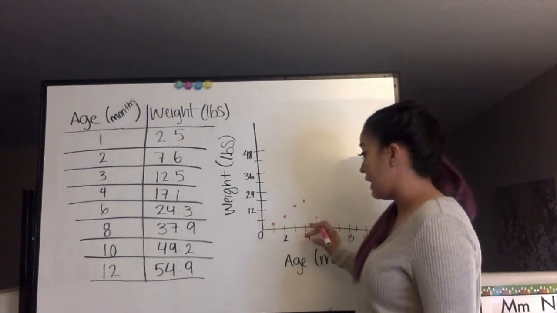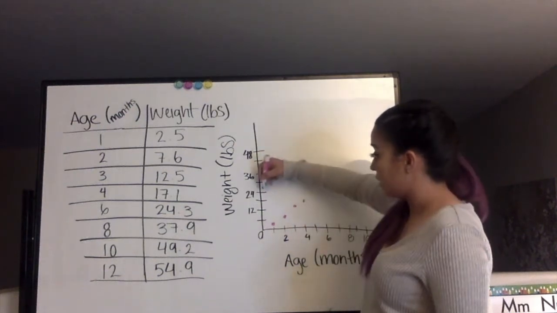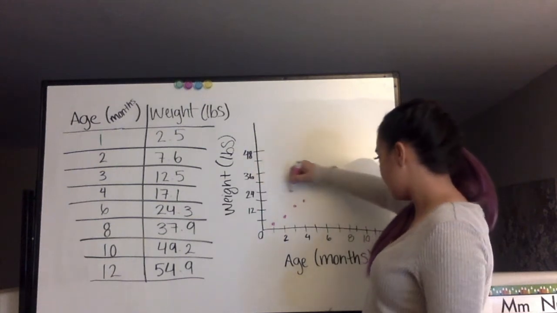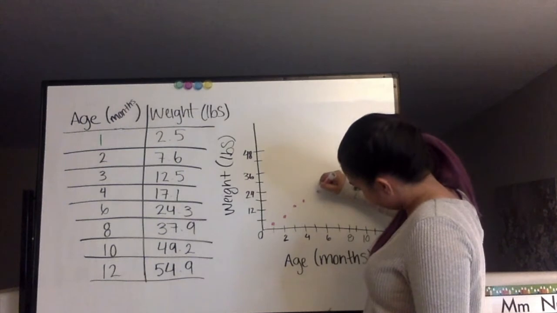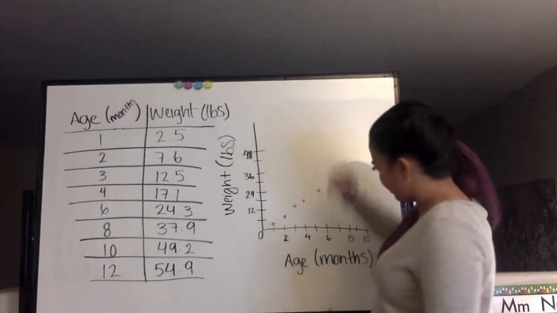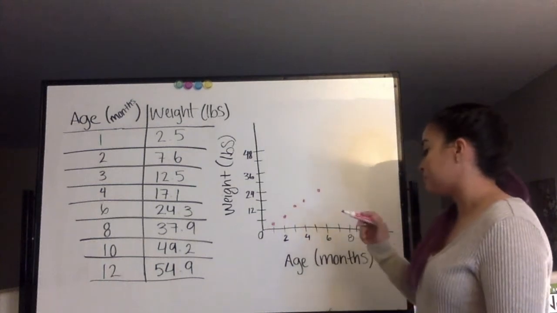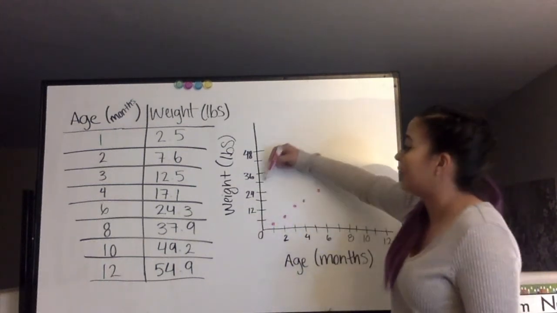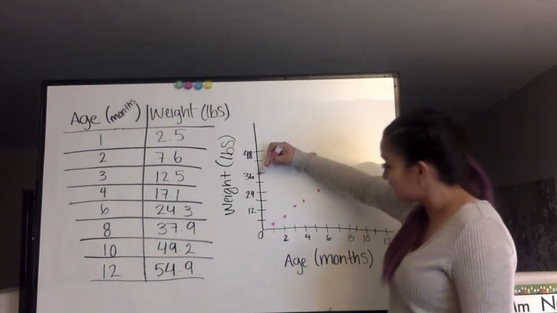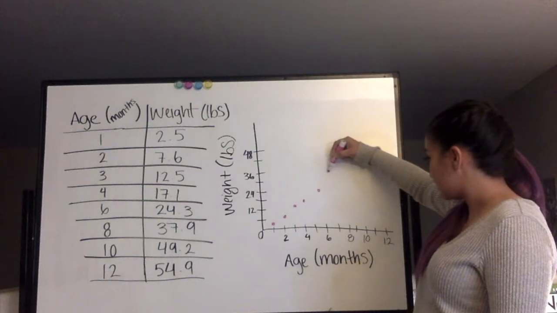Then at 6 months, our panda bear is weighing 24.3, so slightly above the 24. And then at 8 months, our panda is weighing 37.9 pounds. So we go all the way up to 36, just slightly above it because it is 37.